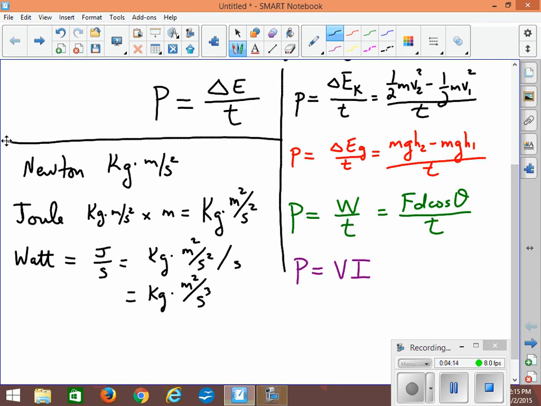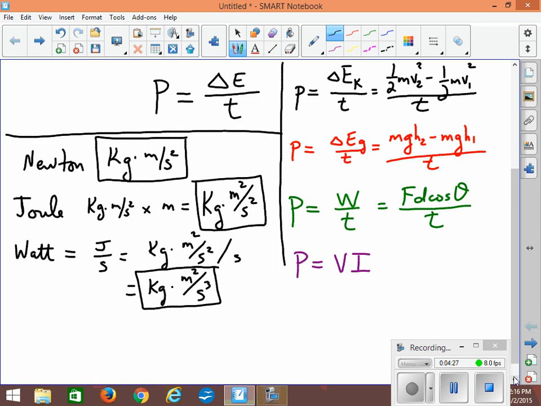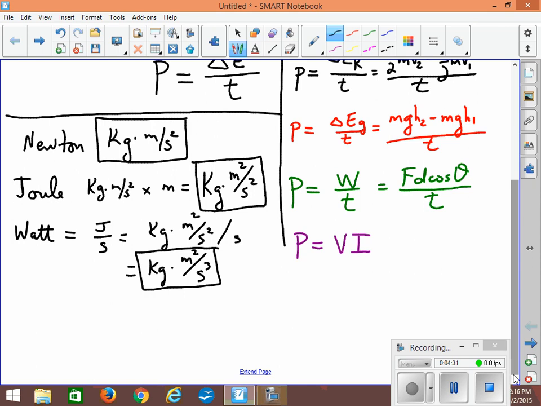So you see this one is the watt, and we have the joule, and we have the Newton. This is why unit cancellations don't work very well in physics, because it's hard to cancel a Newton or a joule or a watt when you don't know what they're actually made of inside.